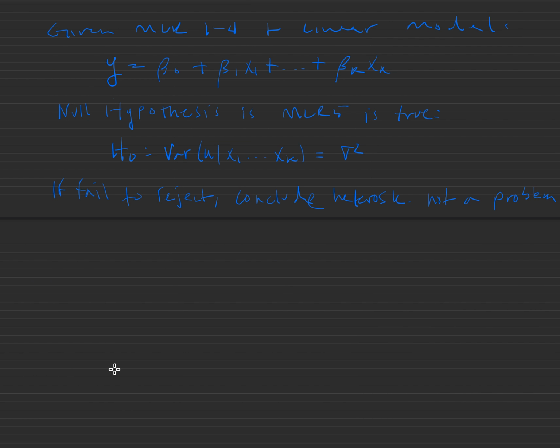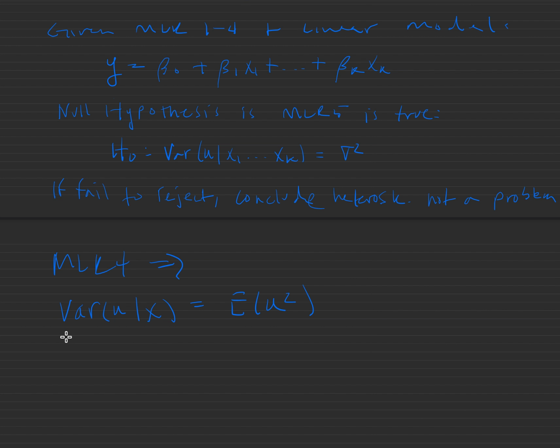Alright, so let's show how to test this null hypothesis. The multiple linear regression assumption 4 implies that the variance of u given all of the x's is equal to the expected value of u squared.